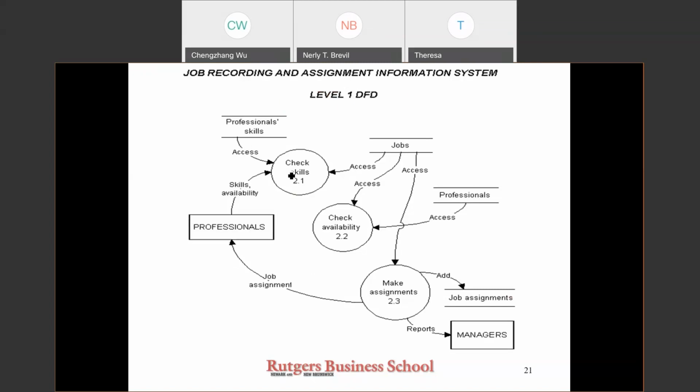Well, as you can see here, level 1 DFD provides more details about what exactly is involved in the assign professional process. They include checking the skills of professionals, checking their availability, and actually making the assignments. So details regarding these steps are depicted in the level 1 DFD diagram.